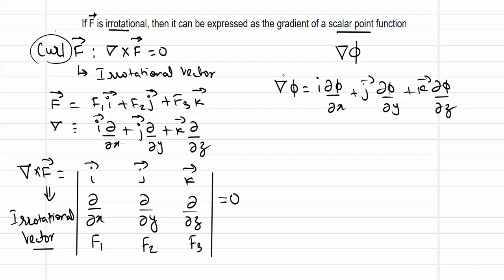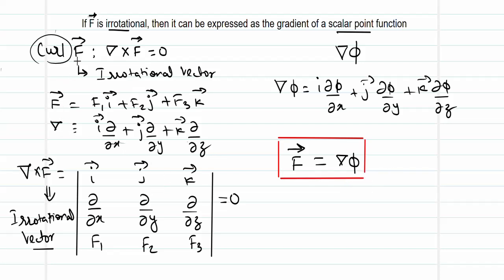Now if f vector is irrotational, then I can express this f vector as del times phi. This is the concept which we are now going to solve using a problem.